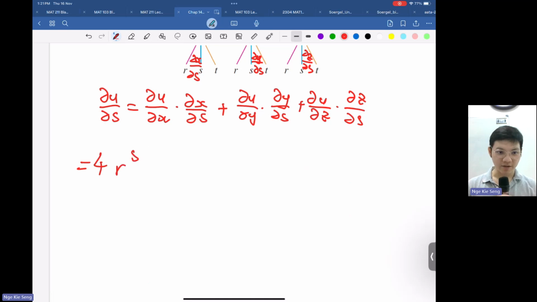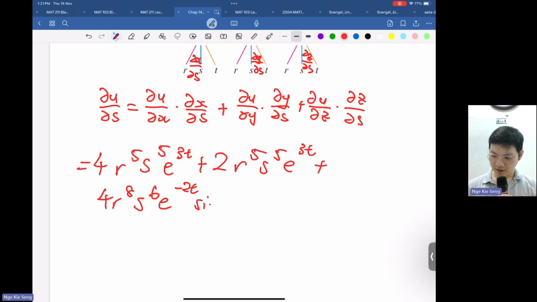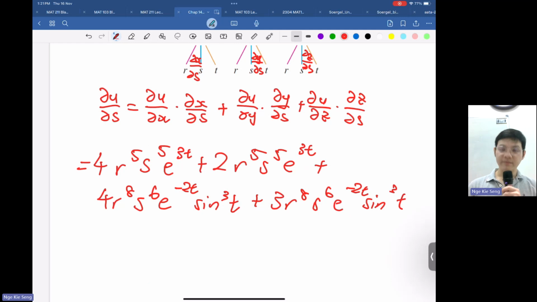I have 4 times r to the power 5, x to the power 5, e to the xt, plus 2 times r to the 5, x to the power 5, e to the xt, plus 4r to the power 8, x to the power 6, e to the minus 2t sine qt, plus 3 times r to the 8, x to the 6, e to the minus 2t sine qt. Okay, this is the answer.